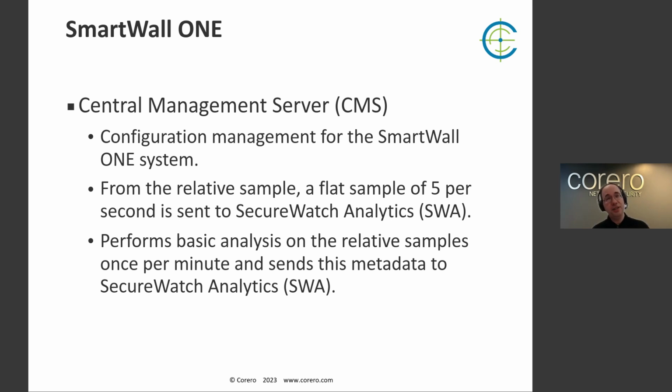But what I can do is make some metadata like, hey, what were the top 10 source IP, dest IP, source port, dest port, packet length, TTL, and a bunch of other stuff. There's a lot of these metadata messages off the sFlow. And what they do is they help you characterize your traffic, especially when it comes to DDoS, right? It does that once a minute and sends those messages to the SWA.